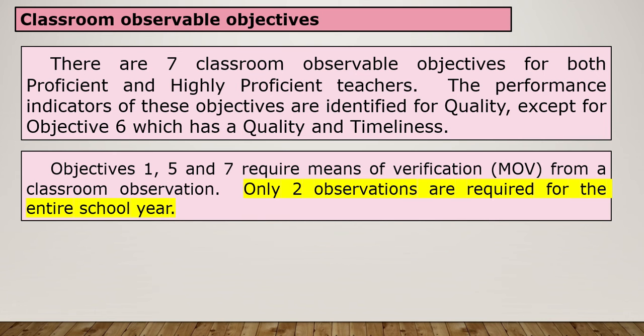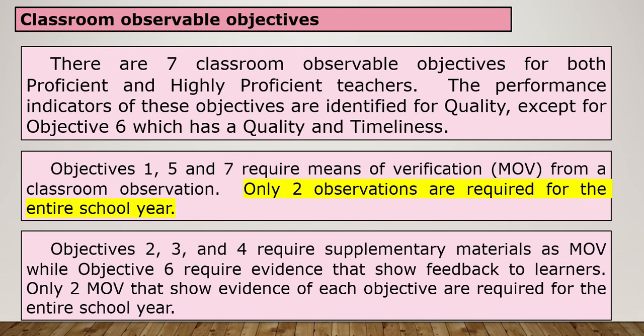Take note, only 2 observations are required for the entire school year. Objectives 2, 3, and 4 require supplementary materials as MOV, while Objective 6 requires evidence that shows feedback to learners. Only 2 MOVs that show evidence of each objective are required for the entire school year.